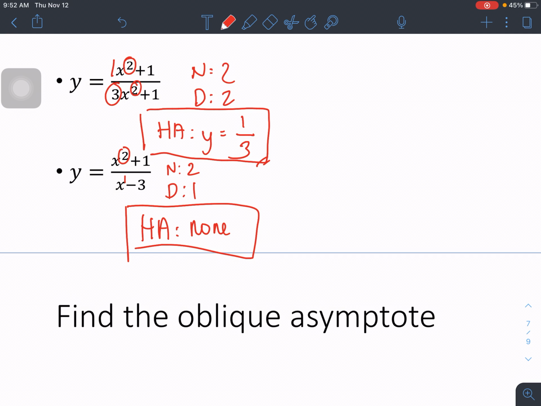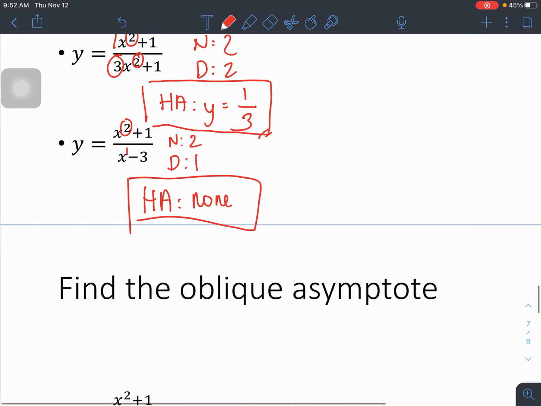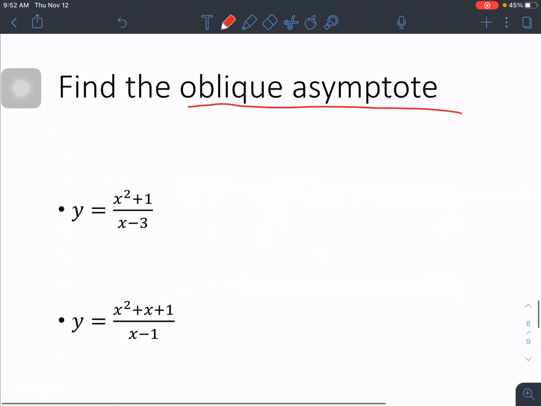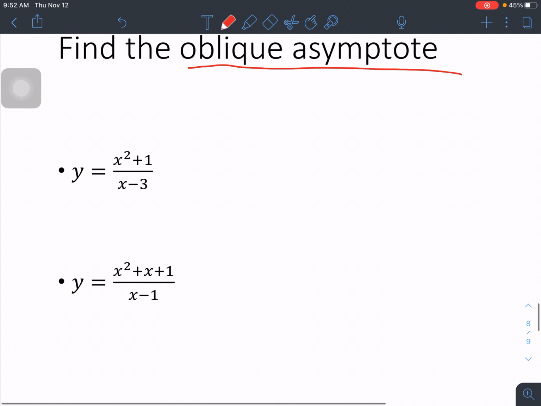If we have a rational function wherein there is no horizontal asymptote, typically this type of function will have an oblique asymptote. For example, I have here x squared plus 1 over x minus 3.